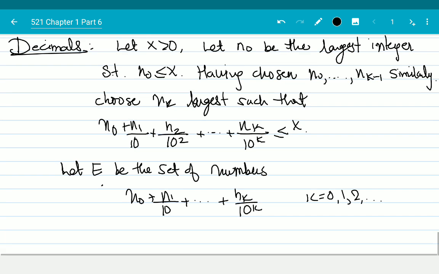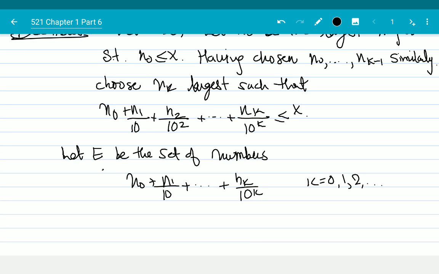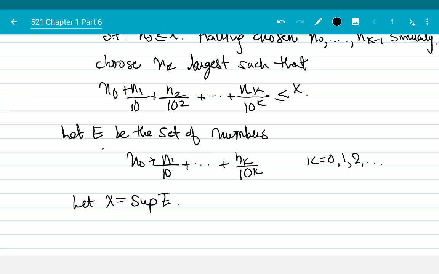Then, because this is a bounded set, bounded above by x, and by the Archimedean property, there is an n0. It has a supremum.